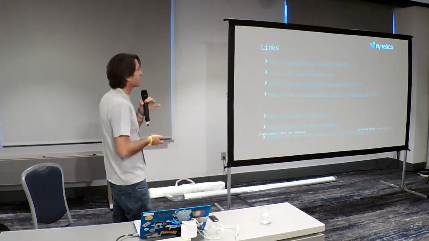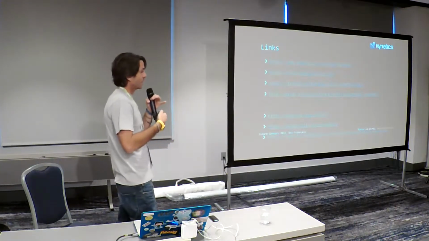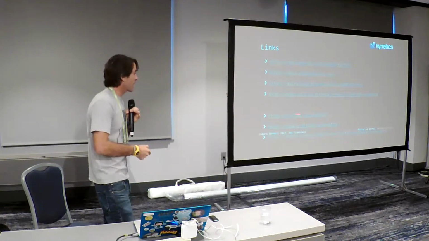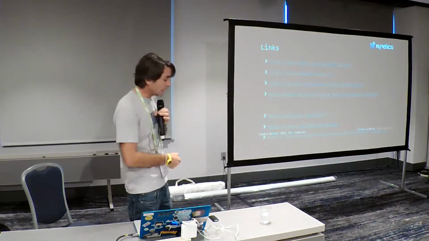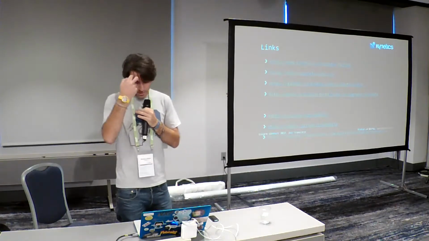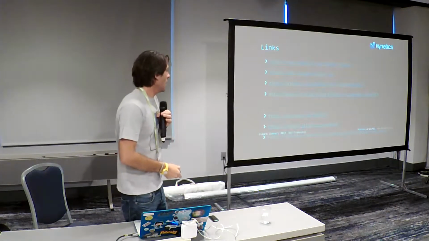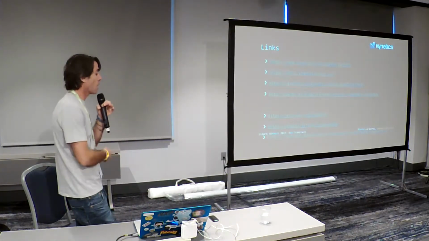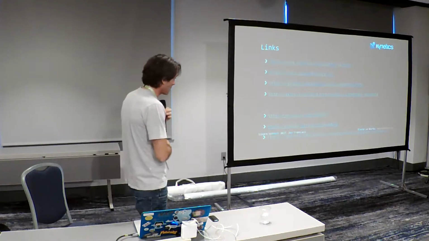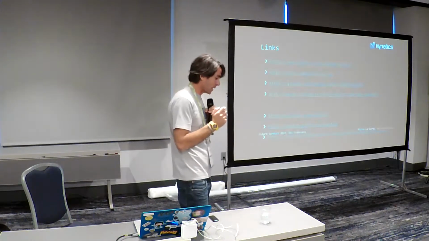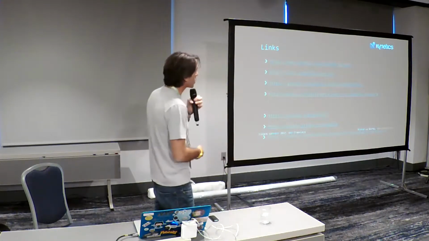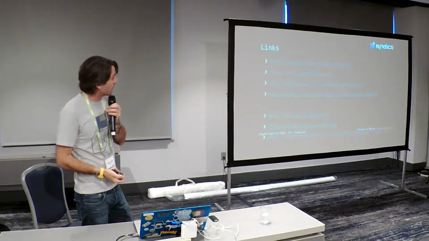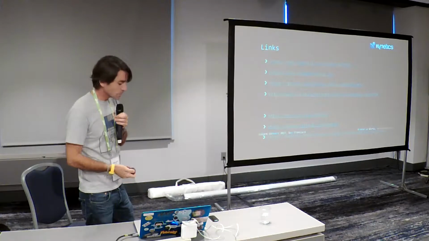Here we have Eclipse Hawkbit. We have the Babbage GitHub where you can check out SWUpdate. And obviously, for reference, all the information about how the update works on Android is pretty much documented on the Android developer portal.